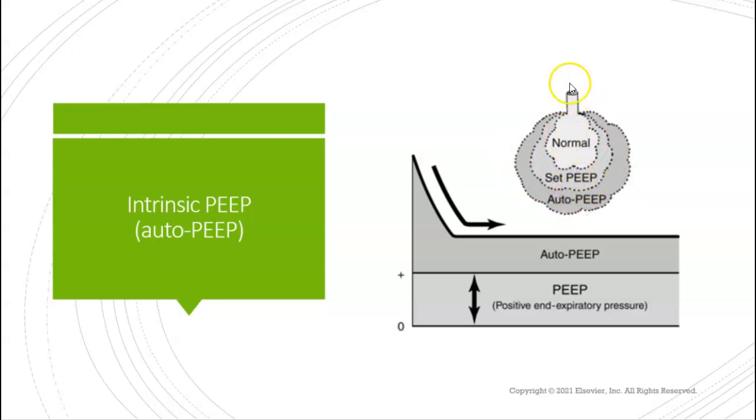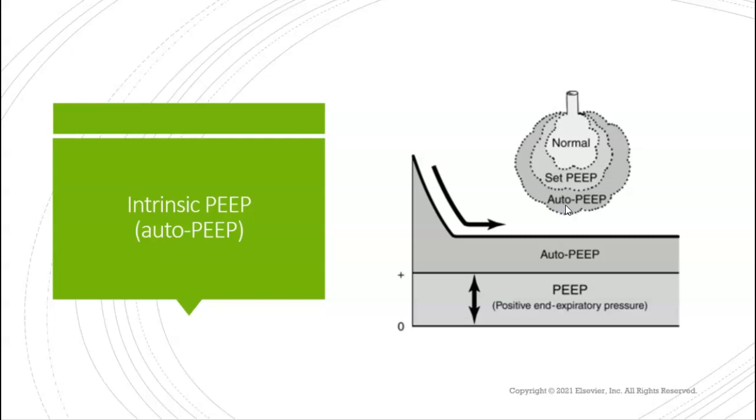But then when it's time to exhale, they're not able to exhale it down to a normal resting size, so that gas stays in there. Then when the patient takes another deep breath in, that tries to fill up that already full alveoli, and it makes it difficult to get new fresh air in, with old stale air taking up room there.